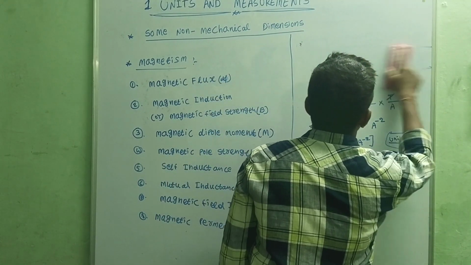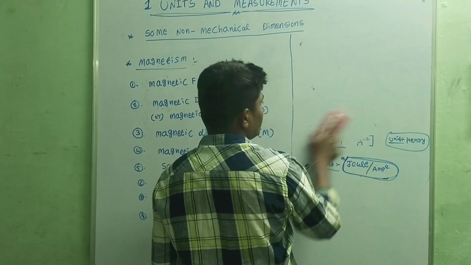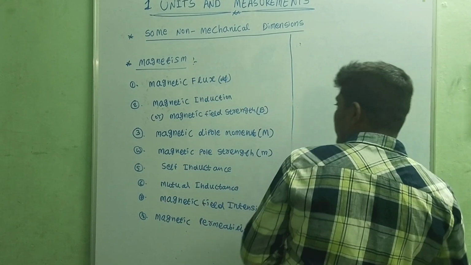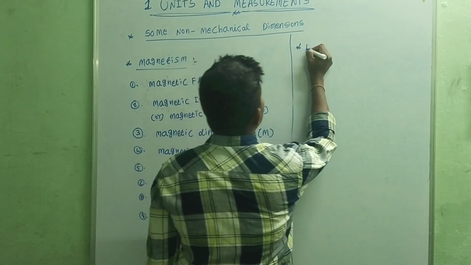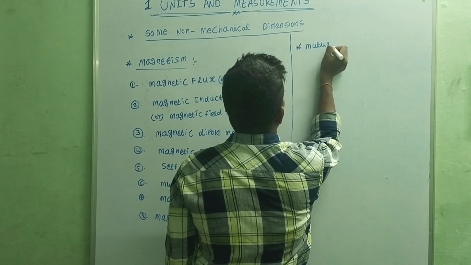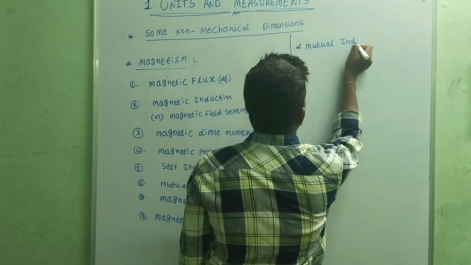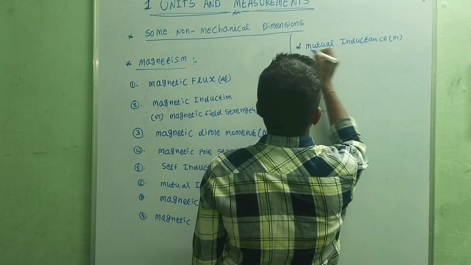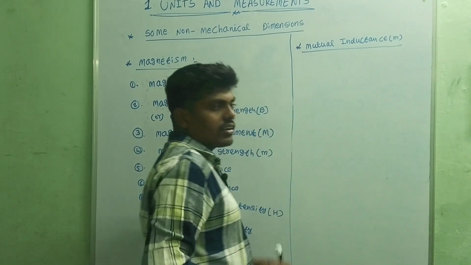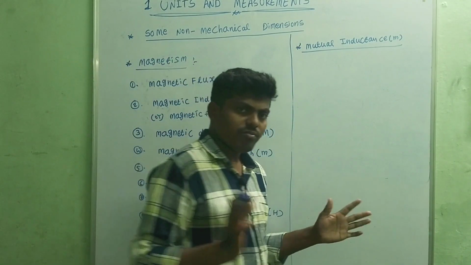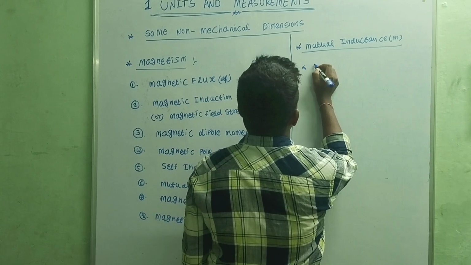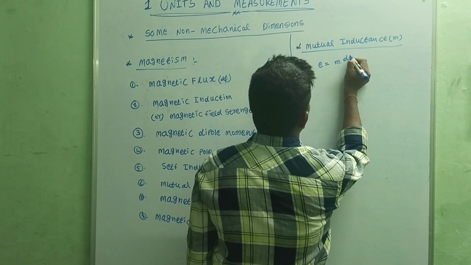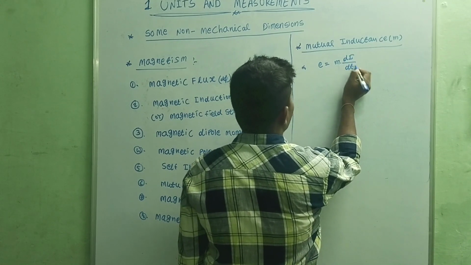Mutual inductance is denoted by the letter M. Here also we use the same formula, E equal to mutual inductance M into di by dt.